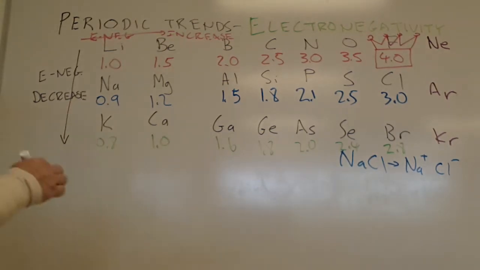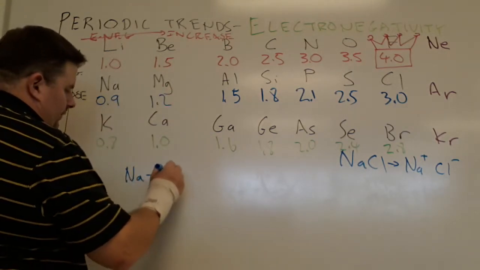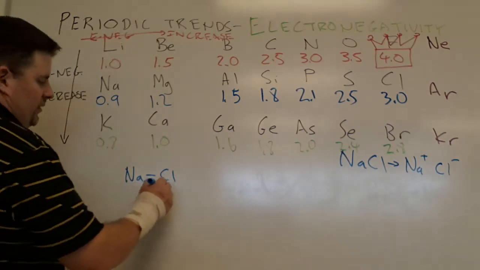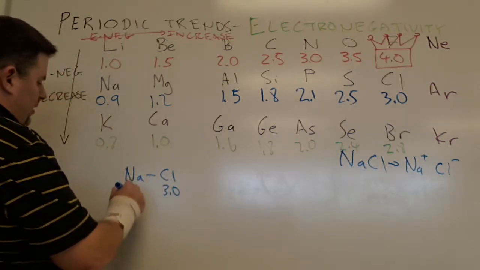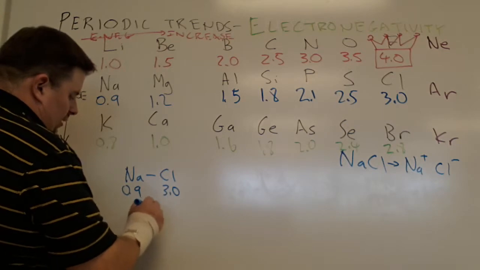All right. So for electronegativity, if I've got a bond, say sodium chloride, I'll use this again. For sodium and chlorine, there's a big difference between the 2 values. Chlorine has a 3.0 and sodium has a 0.9. What this means is that there's such a large difference here. The difference here is 2.1.